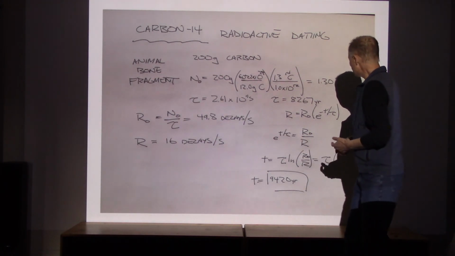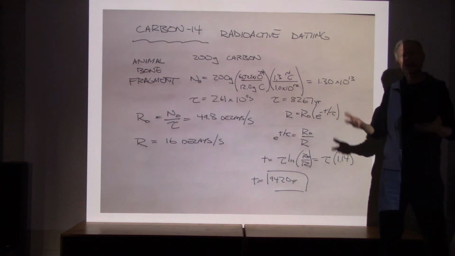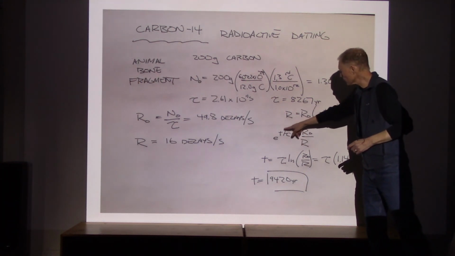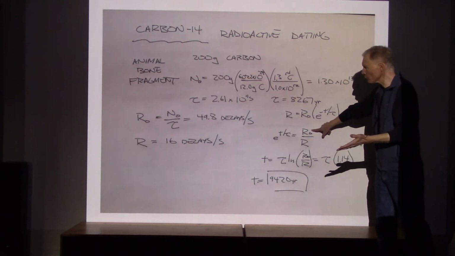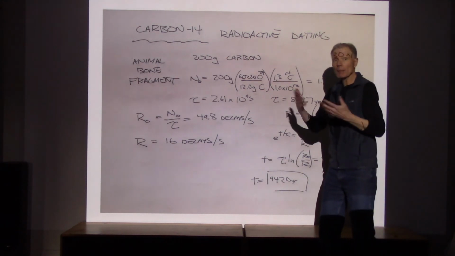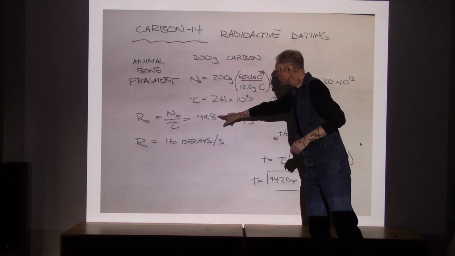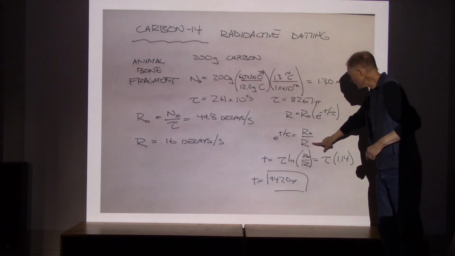And so what we're going to do is come back to our formula showing how decays are going to drop off with time. So I can look at this expression, and for R0, when the organism first died, stopped actively metabolizing, taking in new sources of carbon, the decay rate would have been 50 decays per second, but now it's only 16.